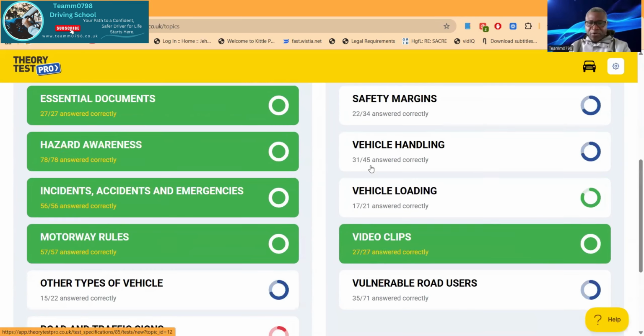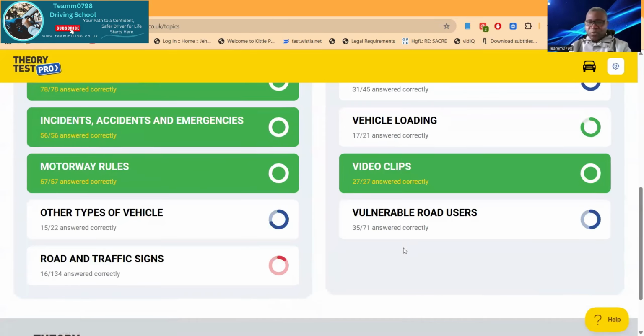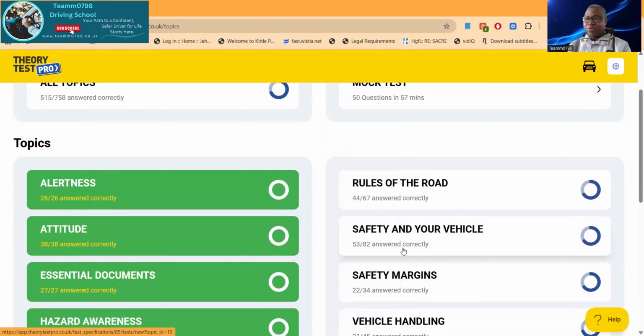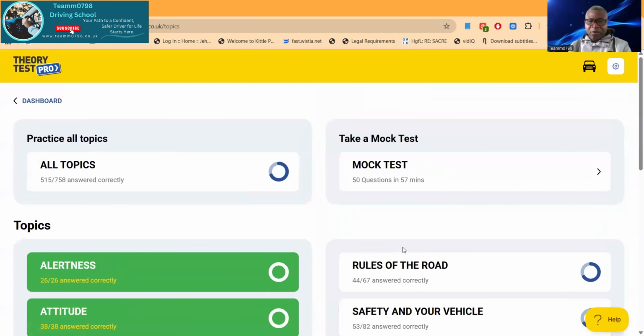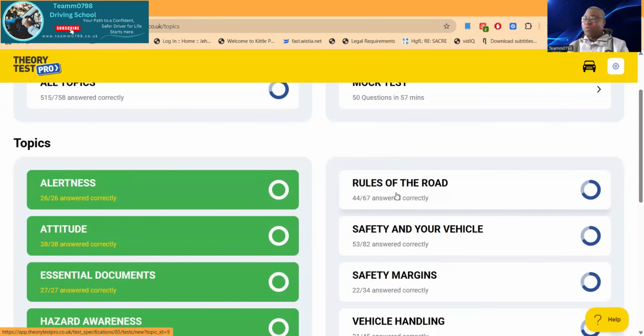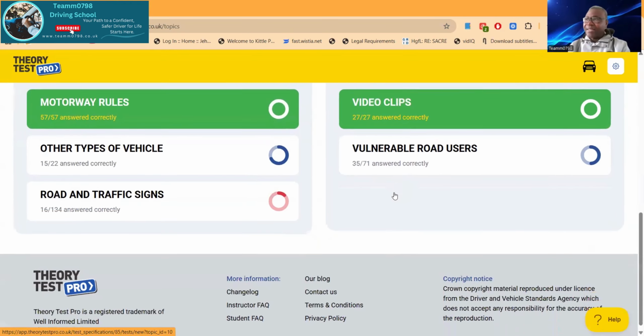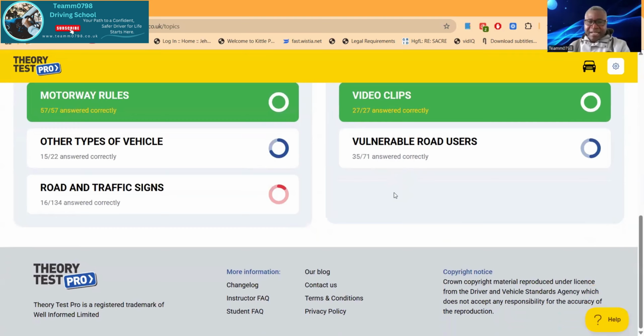We're going to go through all these topics, and then that is when we are ready to take the multiple choice or to do the mock test. That way you are going to be smashing the mock test at a consistently higher rate, because you've gone through all the questions and you know exactly what they mean, rather than guessing what the answers are.